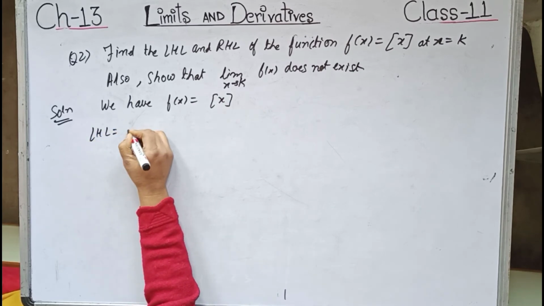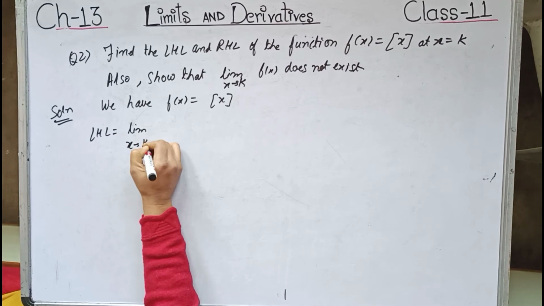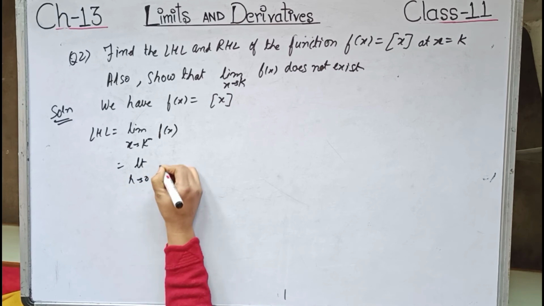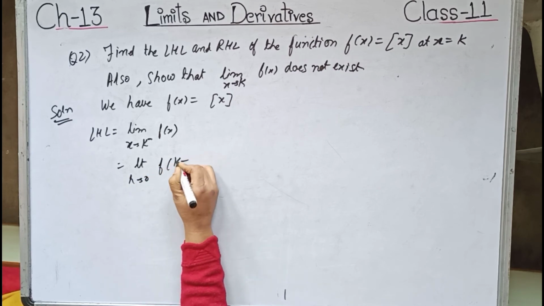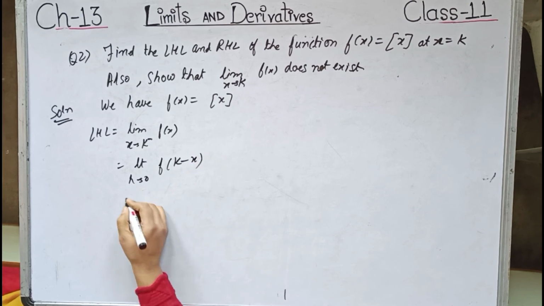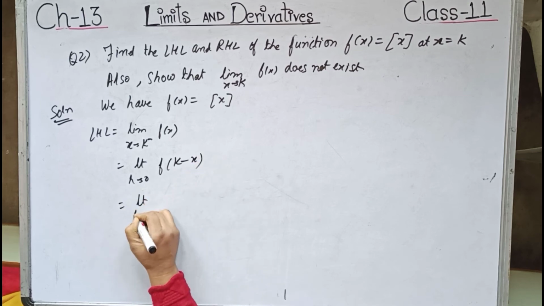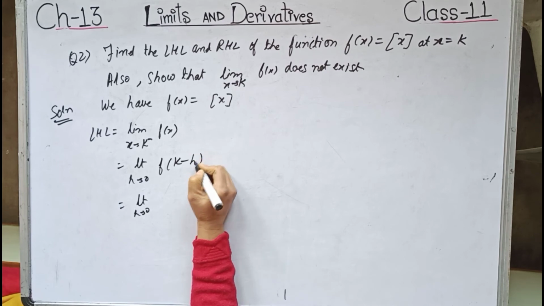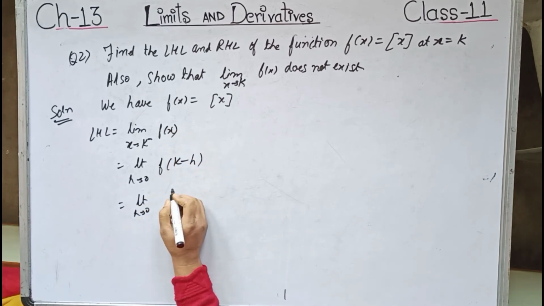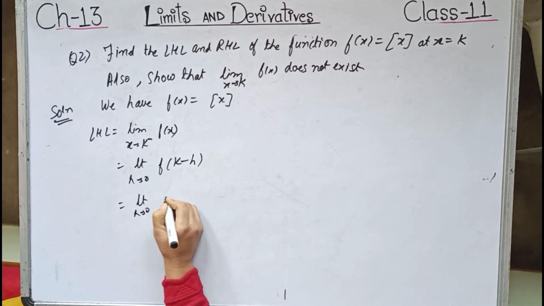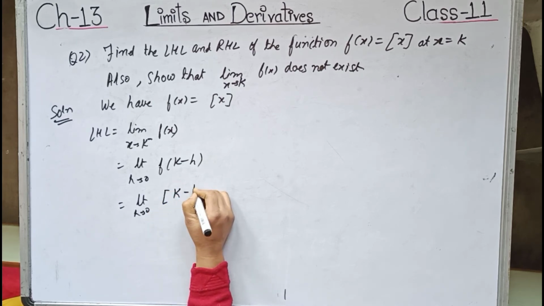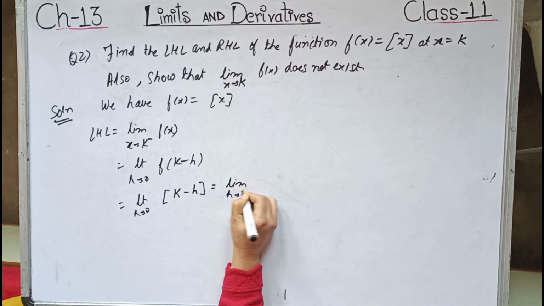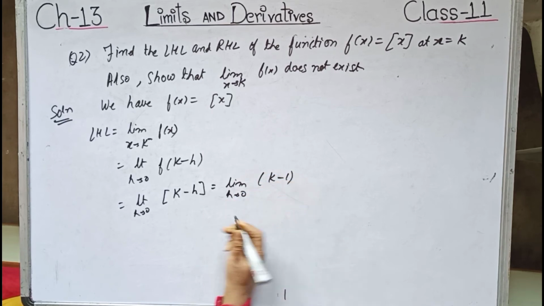Now for left hand limit, limit x tending to k minus f(x) equals limit h tending to 0 f of k minus h, equals limit h tending to 0 greatest integer function of k minus h, equals limit h tending to 0, k minus 1.